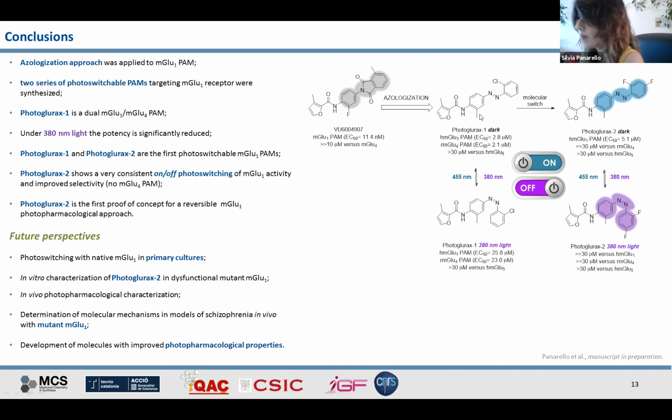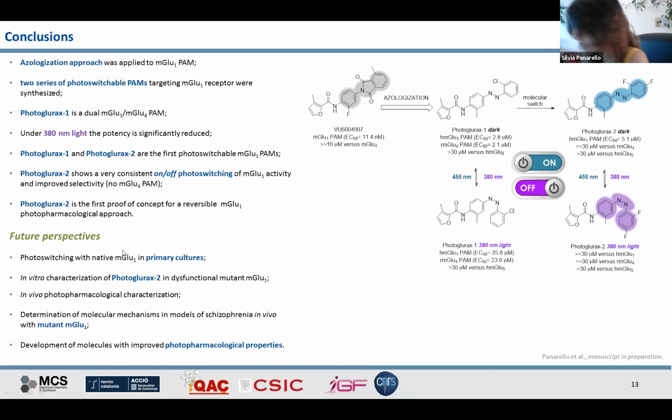Both of these compounds, photoglurax-1 and photoglurax-2, are the first photoswitchable mGlu1 PAMs, and photoglurax-2 shows a very consistent on-off photoswitching of mGlu1 activity and improves selectivity over mGlu4.